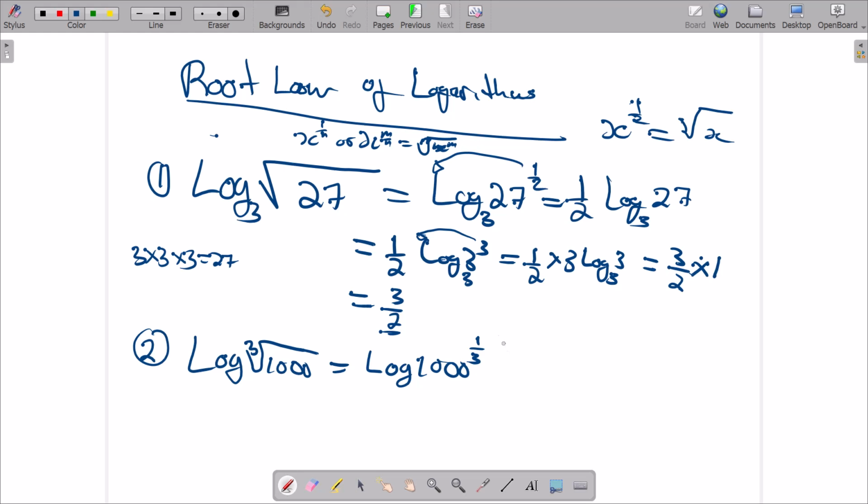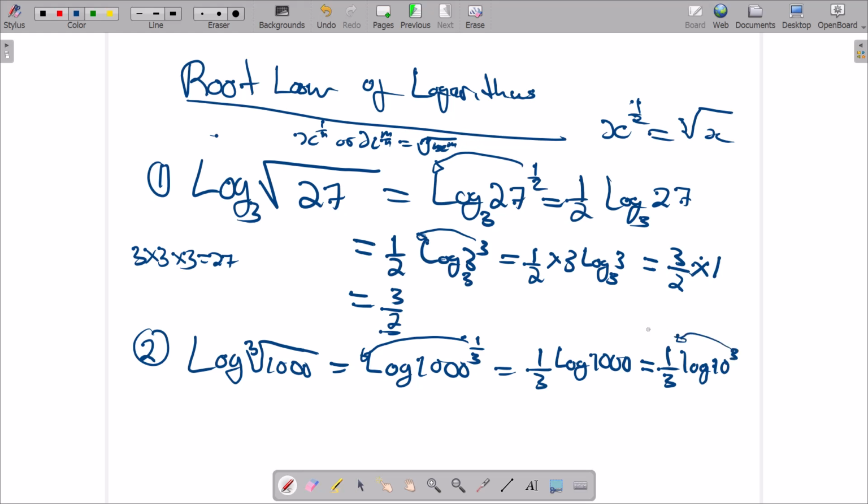So it's just the same concept. Then we pull this power to the front. It will be 1 over 3 log 1,000. And according to the laws of exponent, it is very simple to know that 1,000 is 10 power 3.